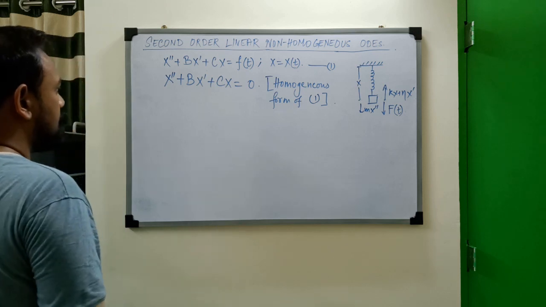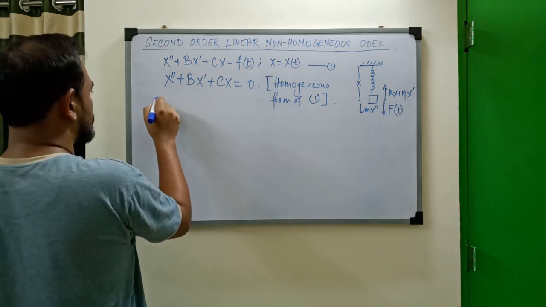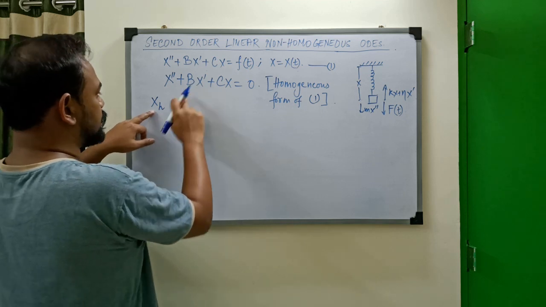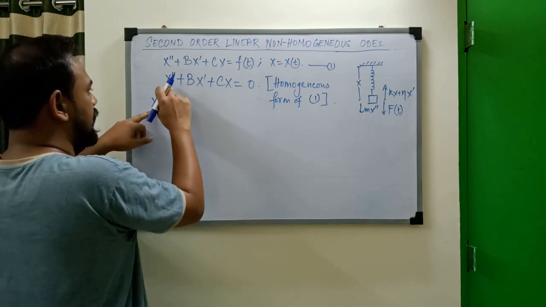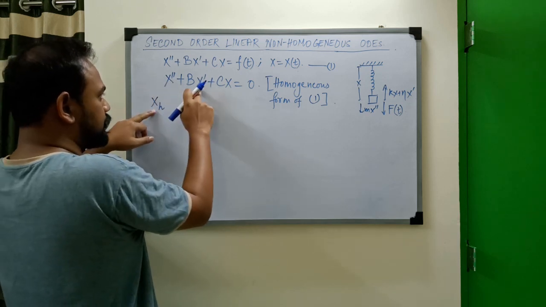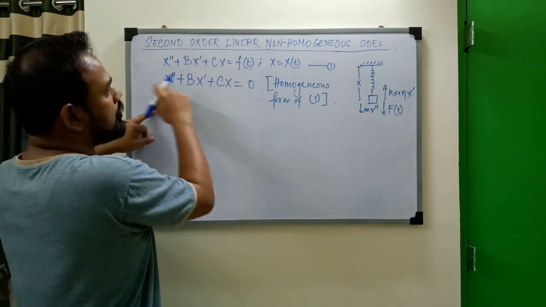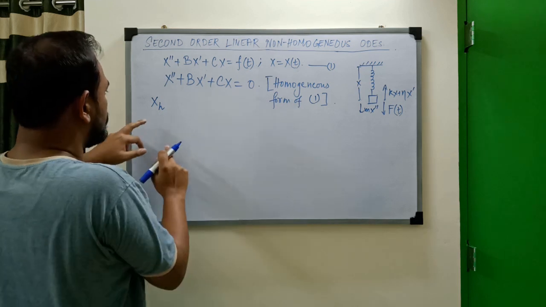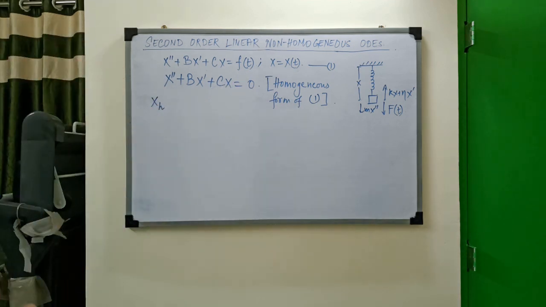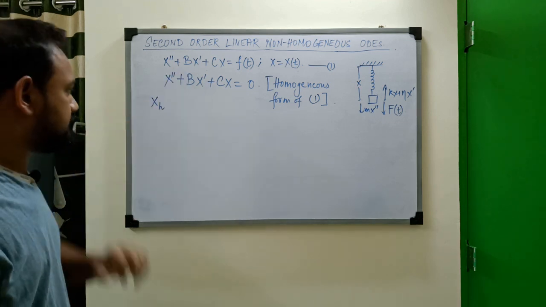Let me call that xh. In other words, xh is a solution for this. Instead of x, if you put xh, and differentiated it twice, once here, multiplied by b, it would spit out 0. So say xh is a solution of this homogeneous form of the given differential equation.